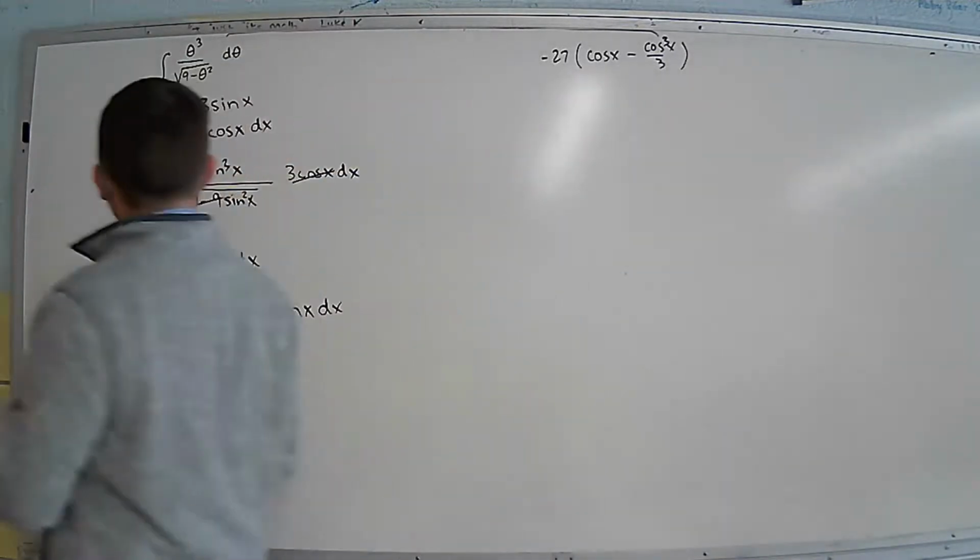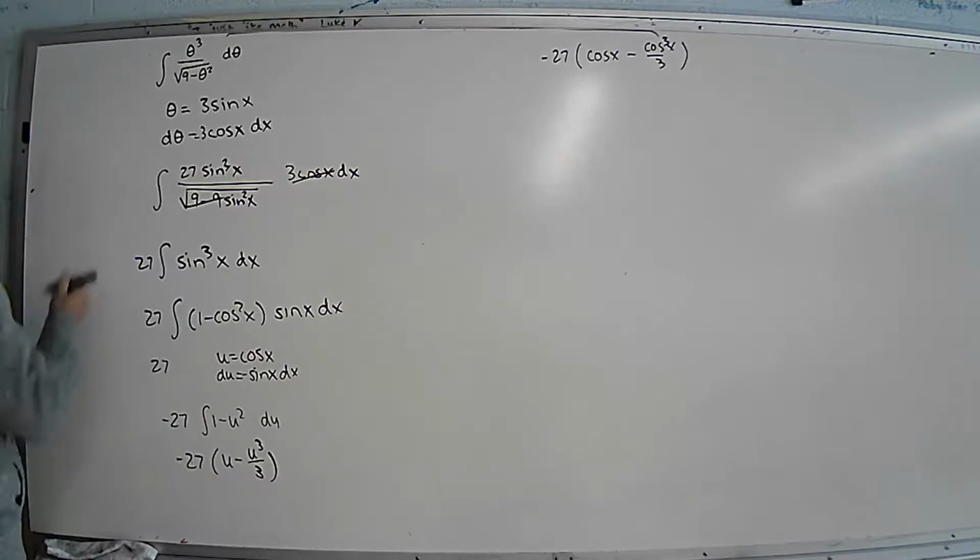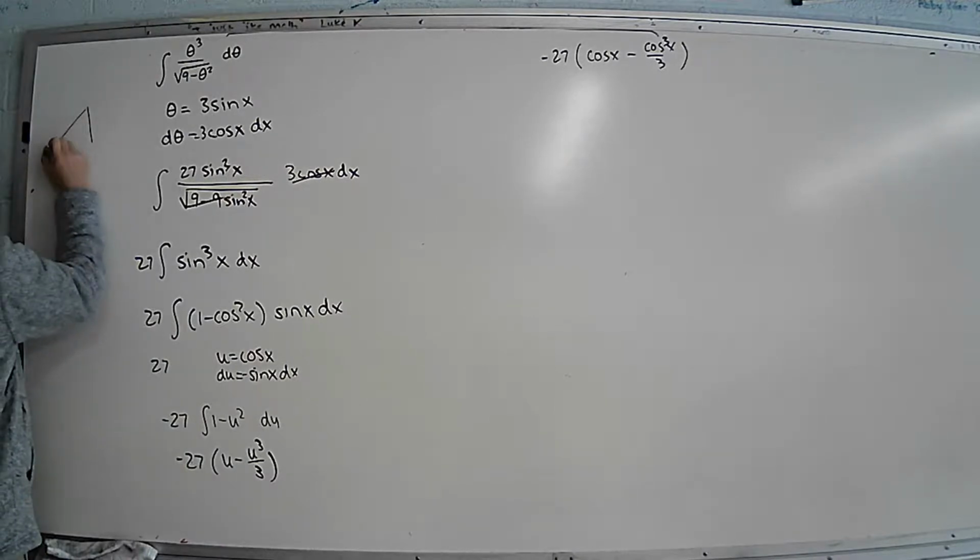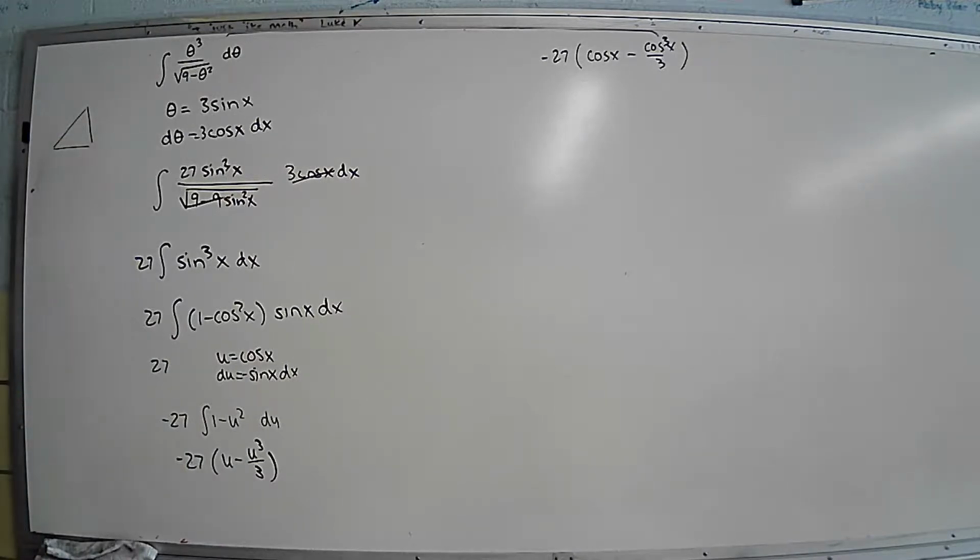Okay, so you got to be careful here. When I draw the triangle, what's the angle? X. So x has a sine of theta over 3.